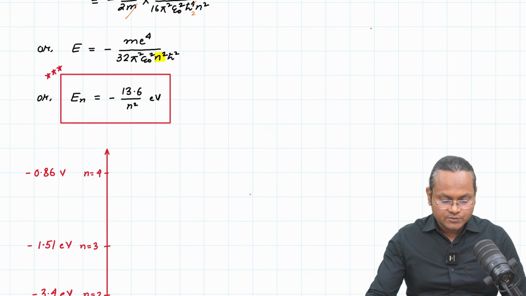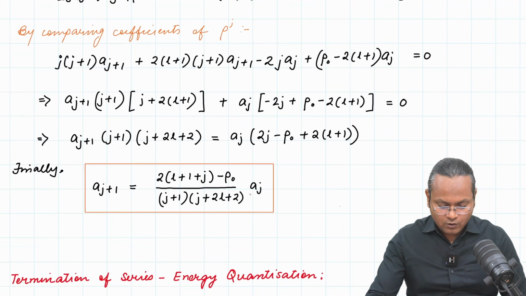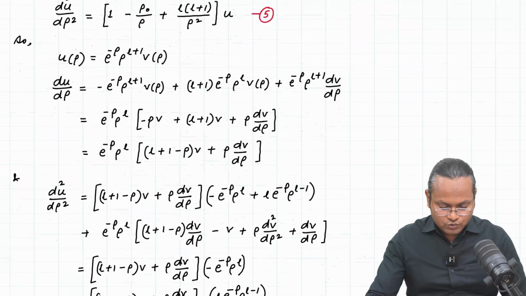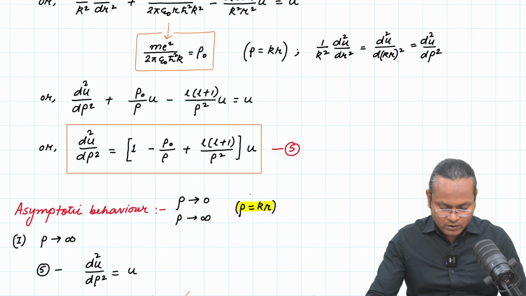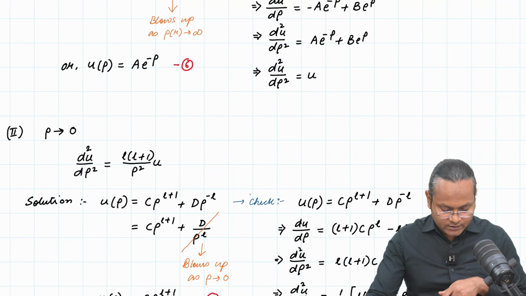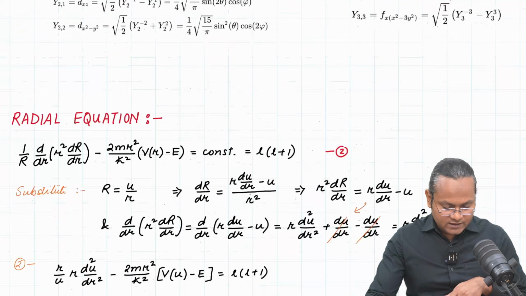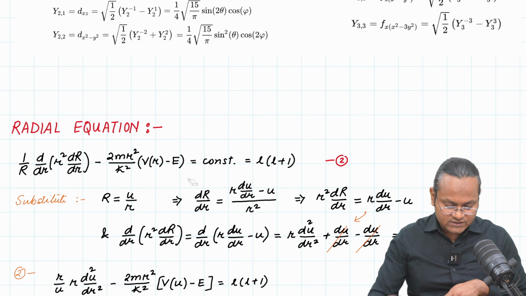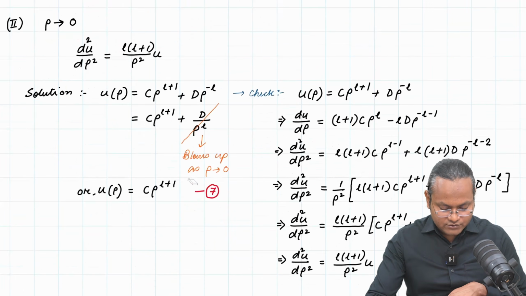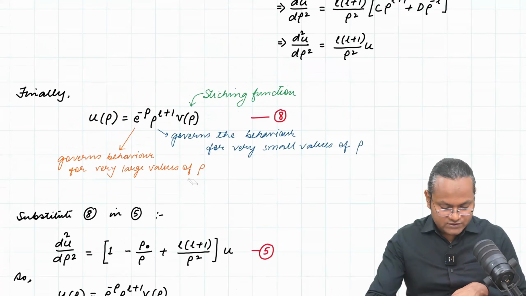Now, some of the earlier substitutions, I'm going to bring back, where we chose earlier that rho equals kr. This is one substitution that I'm going to use. And another is R is equal to u upon r, where u is something that we have already solved using the recursion formula for this particular expression.